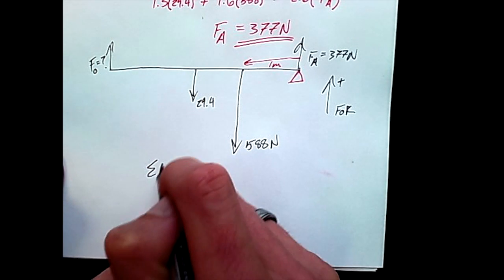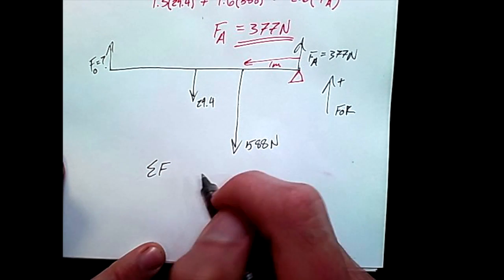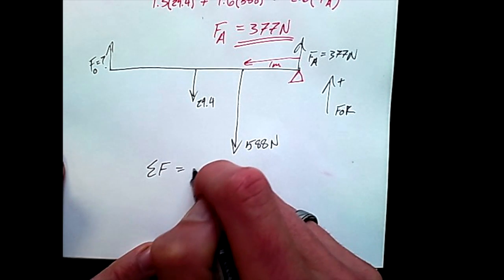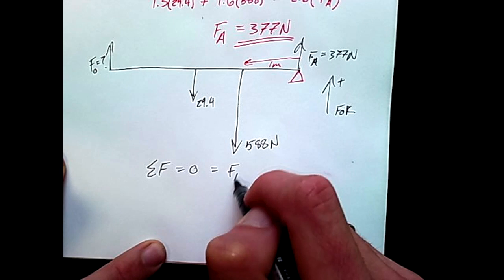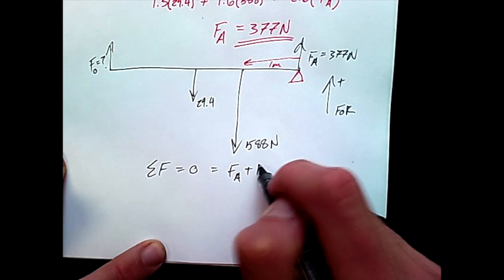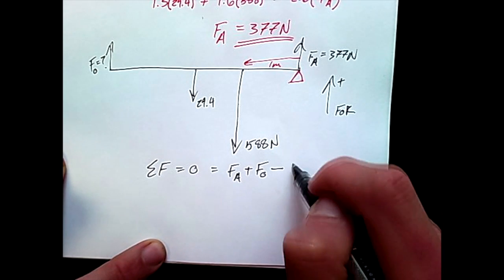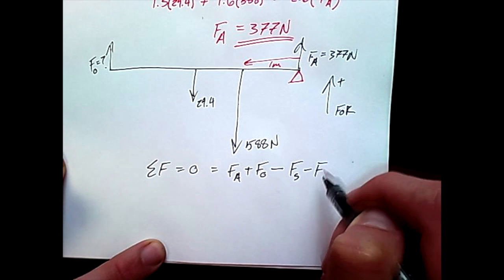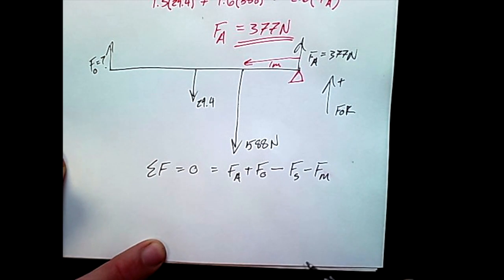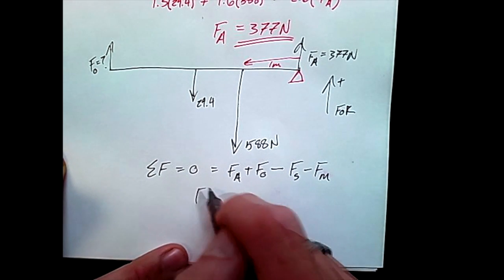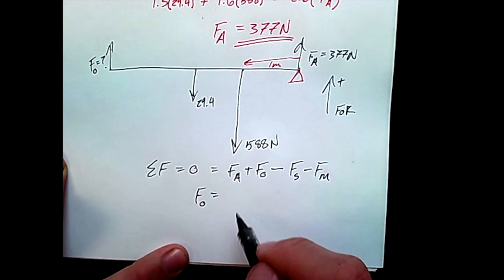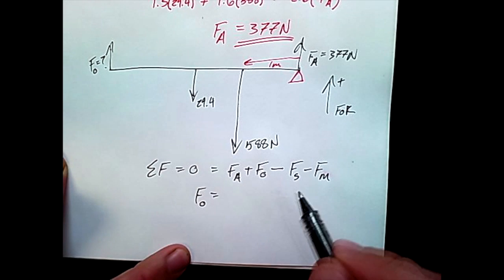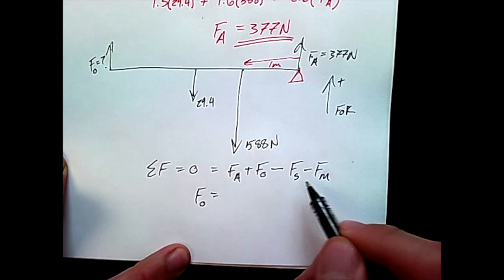Therefore, the summation of the forces in the vertical direction is equal to 0. And so we've got force of Anita plus the force of Orrin minus the force of the stretcher minus the force of the man equals 0. And so in this particular case, the force of Orrin is the force of Anita minus the force of the man and the stretcher.